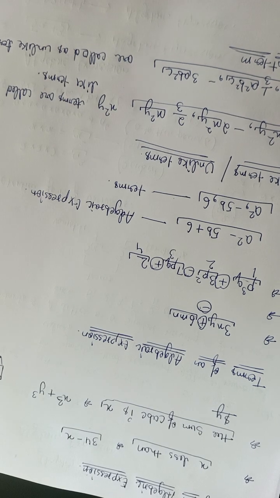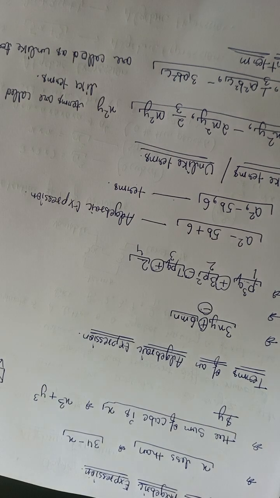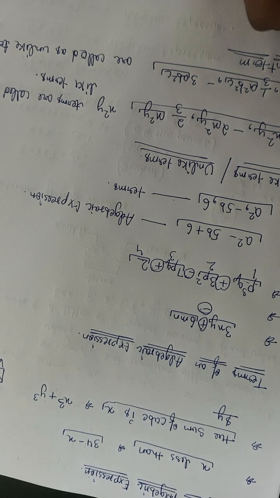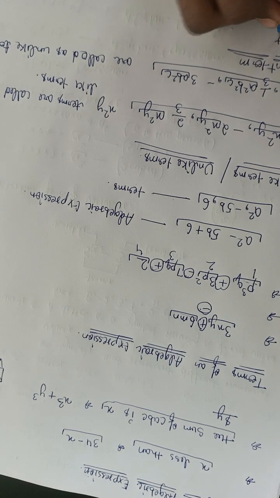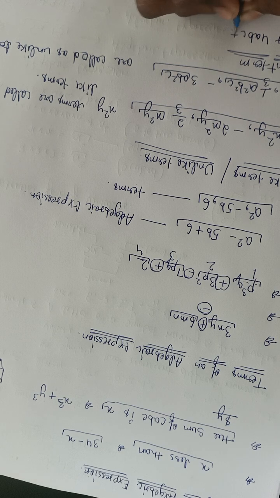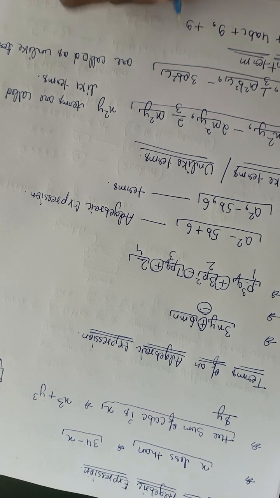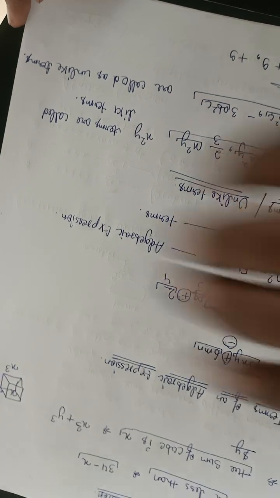Literal, I told you, that is variable factor. So a term having no variable factor is called a constant term. Suppose it is written over here 5a square b plus 4abc plus 9. Here 9 is the only term that doesn't have any variable part.